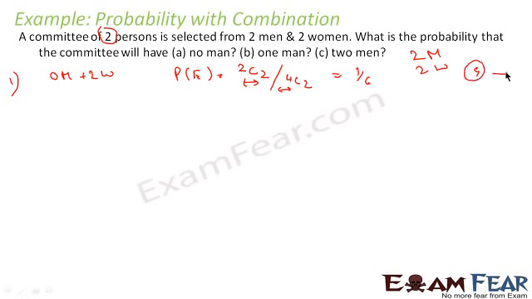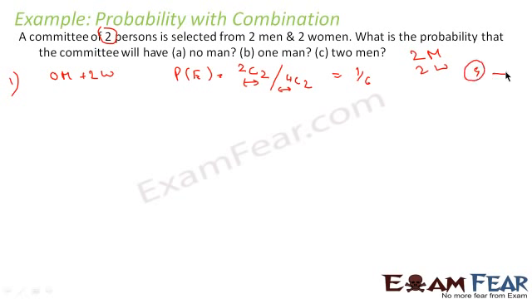So let's discuss probability of selection. In this example, a letter is to be chosen at random from the word ASSOCIATION. We have to say whether it is a vowel or consonant. We have to find the probability actually. So let's first categorize this into vowel and consonant.